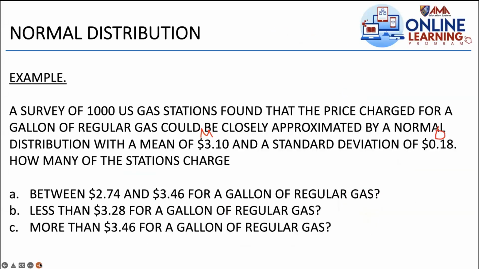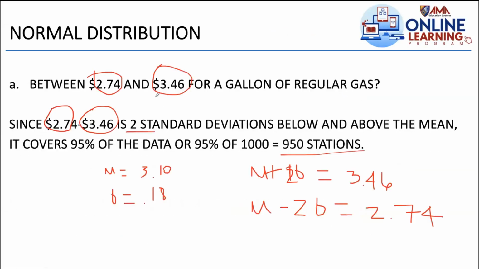So that answers the question: between 2.74 and 3.46, how many stations charge? 950. So that's how you use the empirical rule, class, to answer a problem like this. Did you get it? I believe you got it. Now let's proceed to the next one.